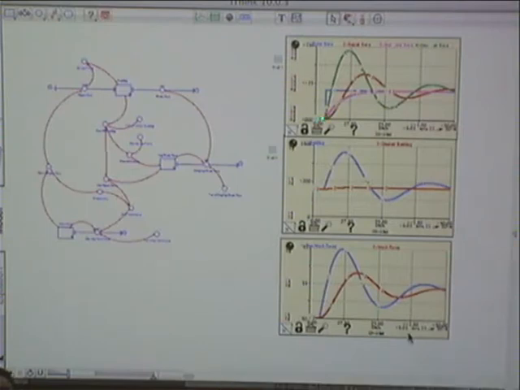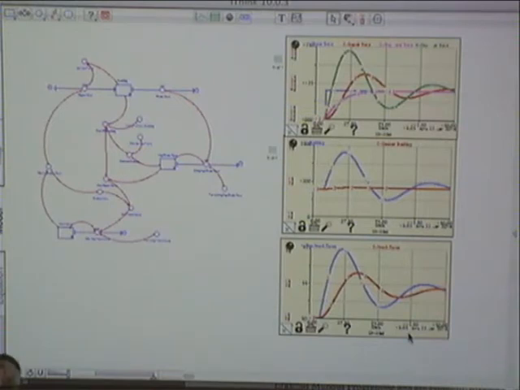Now you can explain why the backlog comes up, because you look at the difference between the order rate, which is this one, the blue one, and the repair rate, which is the red one. And that difference between the two is building up in the backlog.